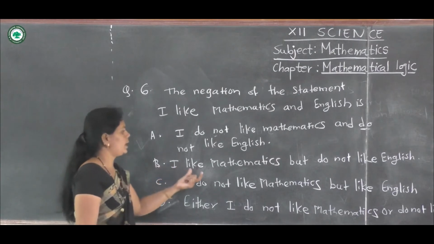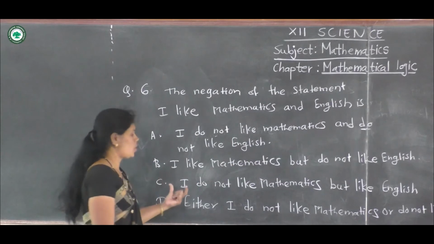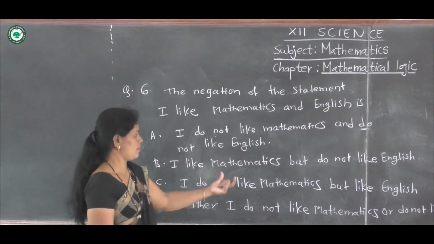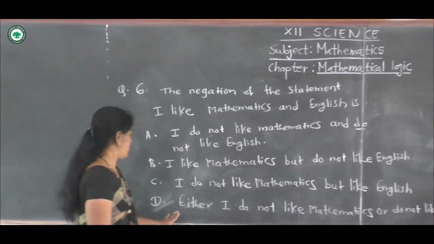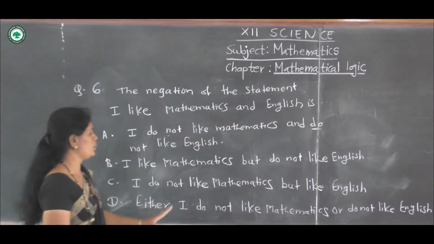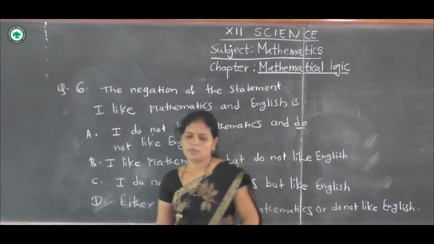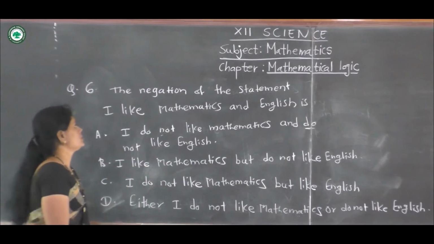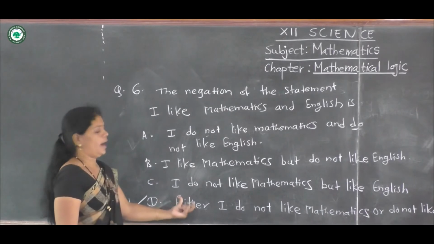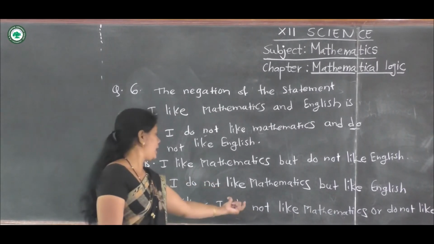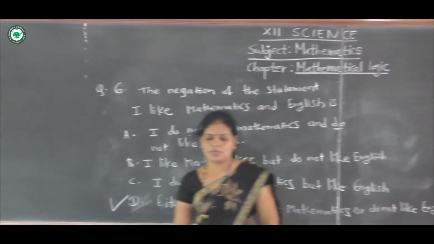Second option, I like mathematics but do not like English. Third option, I do not like mathematics but like English. Fourth option D, either I do not like mathematics or do not like English. The negation of this statement is option number 4.